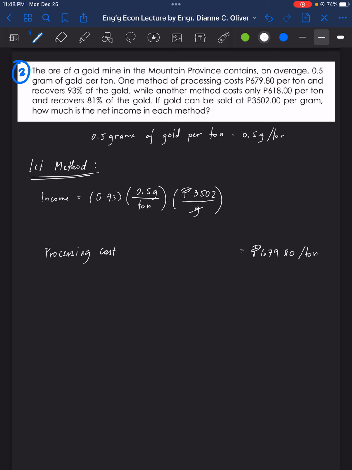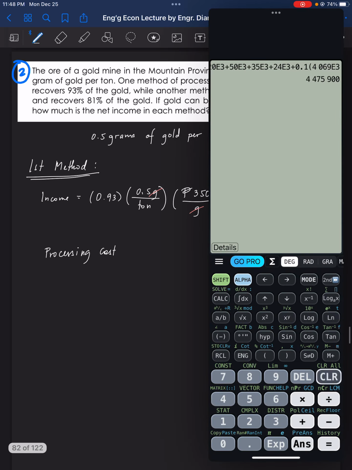So you can cancel out grams here and you get 0.93 times 0.5 times 3,502.